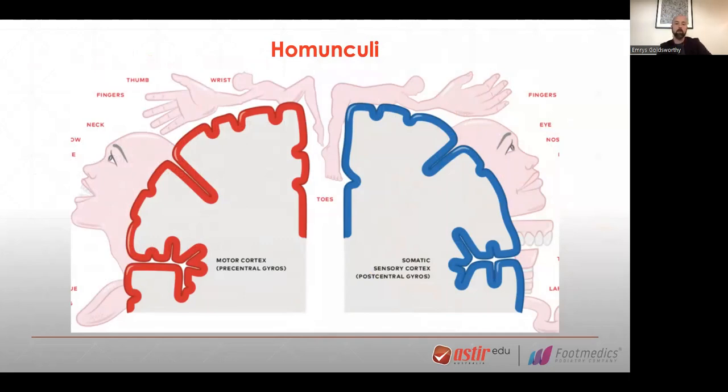Then you start to go up the torso into the hand, and that starts to go along the curvature of the brain up into the face, with the tongue at the bottom. Okay. So hopefully everyone understands this image. The motor homunculus on the left shows the distribution of neurons for different regions in the motor cortex.